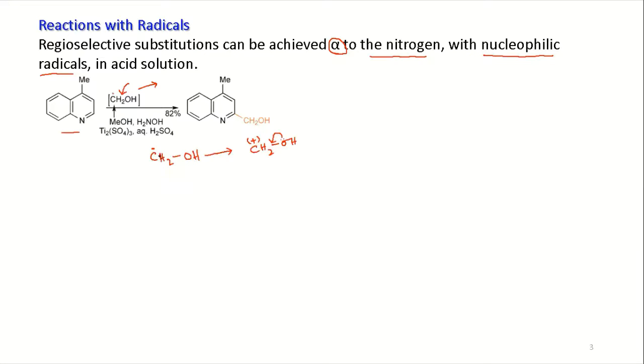Since the reaction will be at the alpha to nitrogen, here you have only one position, so we have seen the formation of this particular product, and you see the yield is quite satisfactory, a high yield of 82%.